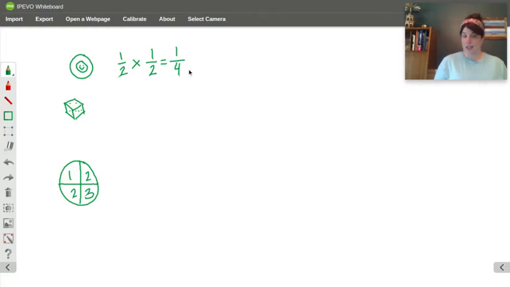On the calculator, if you change that to a percent, that would be 25%, a 25% chance. So it's very similar to calculating simple probability like we did yesterday. It's just one extra step with this multiplication.